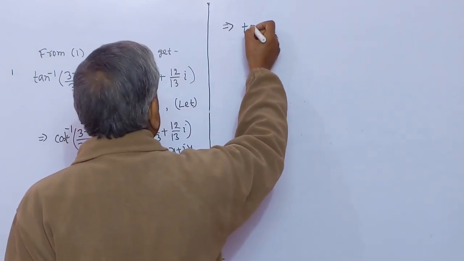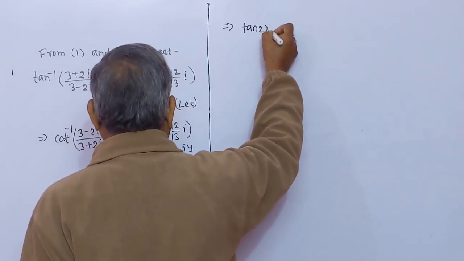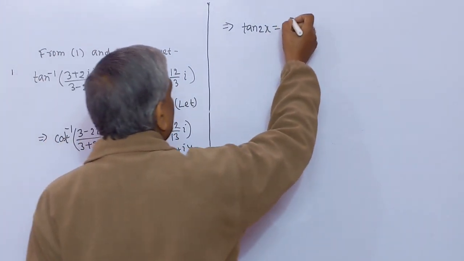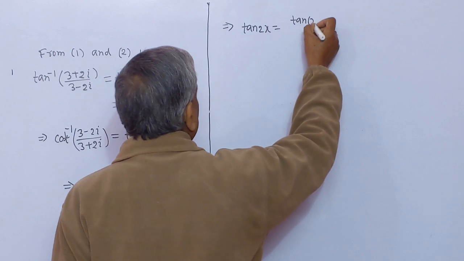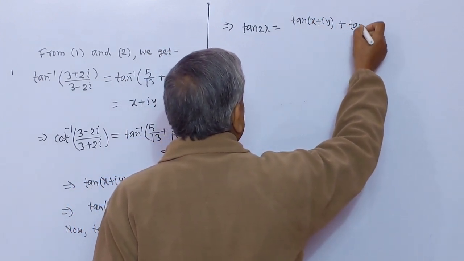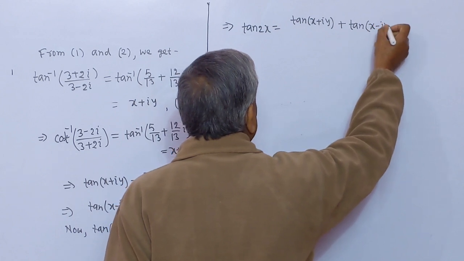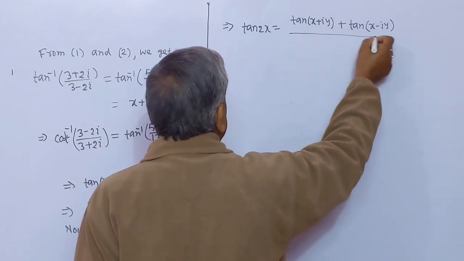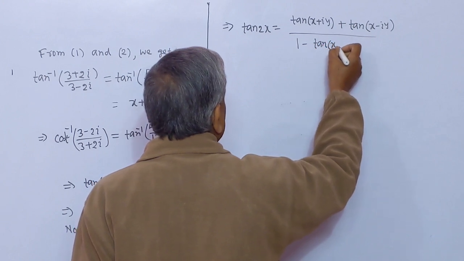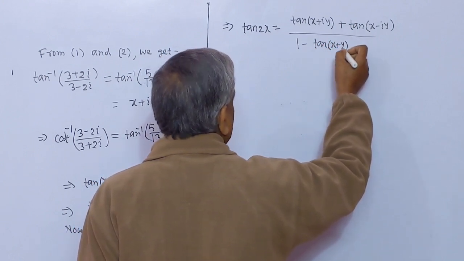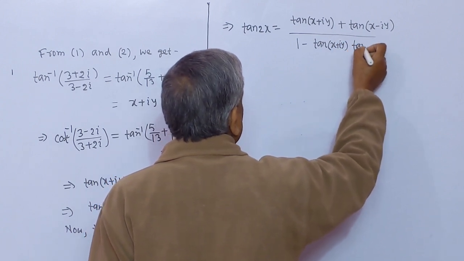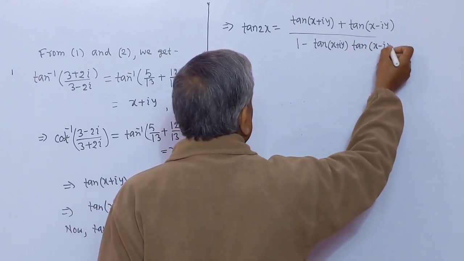This implies that tan 2x equals, since tan(a plus b) is (tan a plus tan b) by (1 minus tan a tan b), tan(x plus iy) plus tan(x minus iy) by 1 minus tan(x plus iy) into tan(x minus iy).